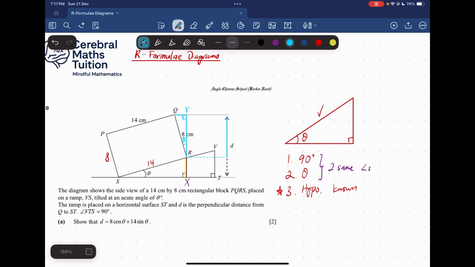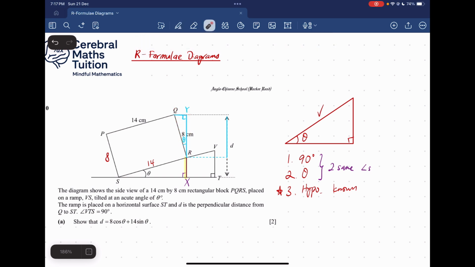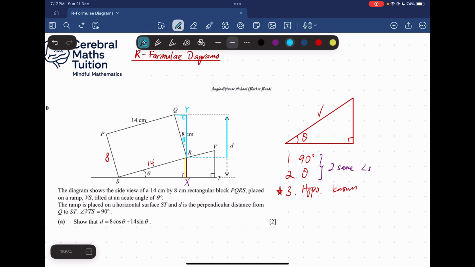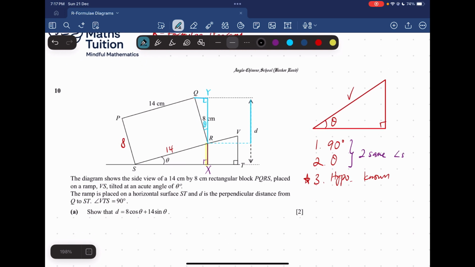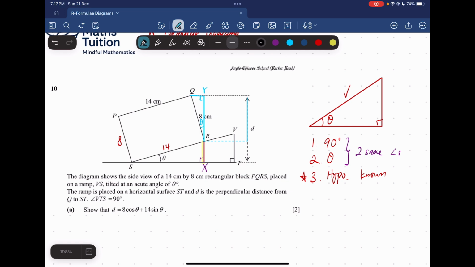Explaining the second way about how we can get theta, how we know angle YRQ is theta, we can basically do some working. So I'm going to do this working in black, okay? Let's look at triangle RSX based on sum of angles in a triangle. Angle SRX has to be 180 degrees minus 90 degrees minus theta, which simplifies to 90 degrees minus theta.